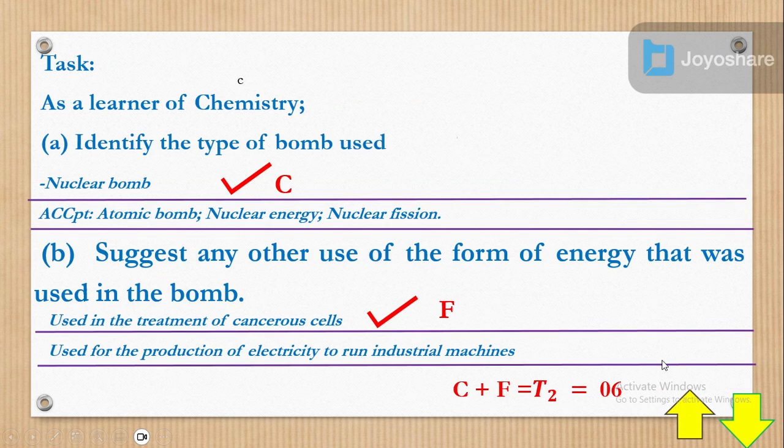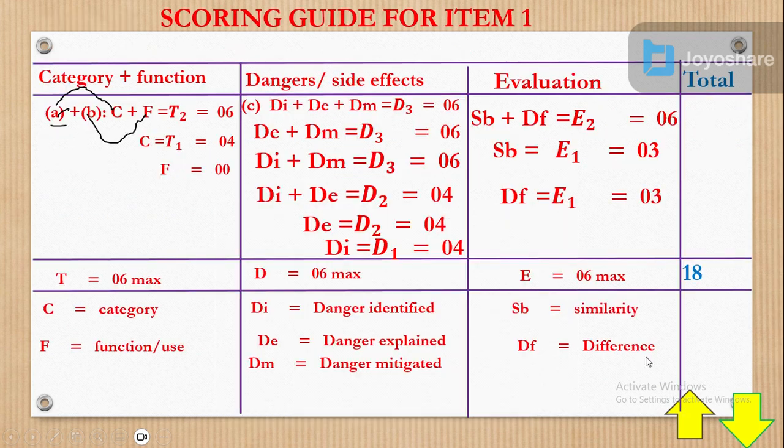However, when you look at our table, here it was telling us that when you add 6 plus 6 plus 6, you get 18. Yeah, that is right. But here we had only 6 and 6. Why? We had the category function dangers only. This evaluation we didn't have it. Is there anything which is similar to nuclear energy in a way? Hard to get, but that's what we are trying to mean here.